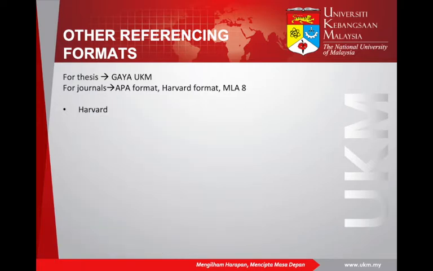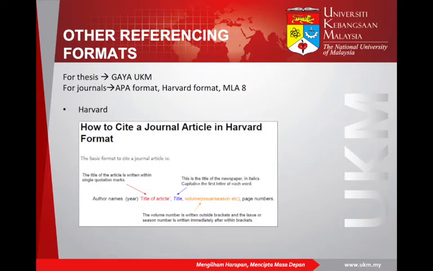For the Harvard format, this is how to cite a journal article in Harvard formatting. You have the author's name, publication year, and the title of your paper, which is written within single quotation marks. And then the journal title.